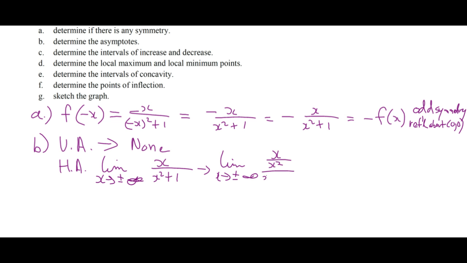So x over x squared over x squared plus 1 over x squared. And what's that give us? 1 over x over 1 plus 1 over x squared. So what do we get? 0 over 1, right, which is 0.